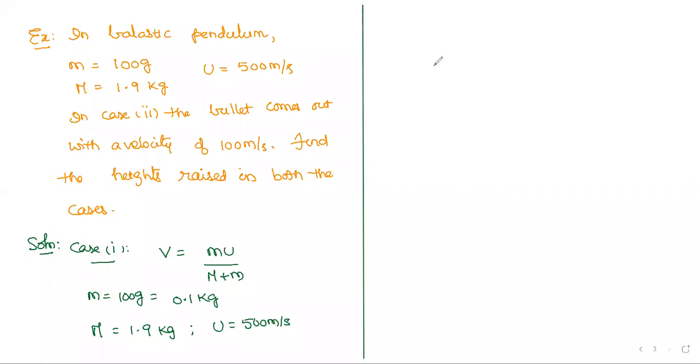V is equals to m, 0.1, u, 500, divided by m plus M, that is 1.9 plus 0.1, that is 2. So this becomes 50 by 2, 25 meters per second.